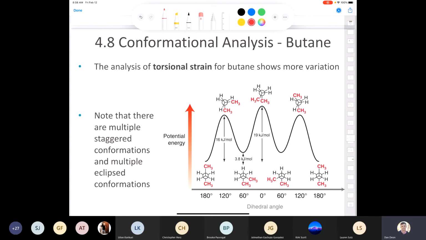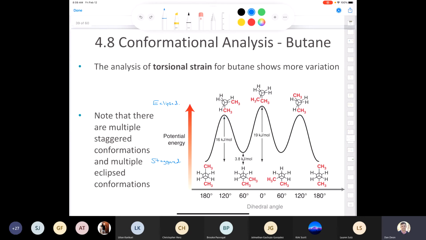of ethane and propane. And the reason why is because if you look at all of the staggered conformations, these are all staggered, all at the bottom. And if you look at all of the eclipsed conformations, you see that they're not all degenerate, right? You see that you have these two that are degenerate, but then you have this one that's higher energy.